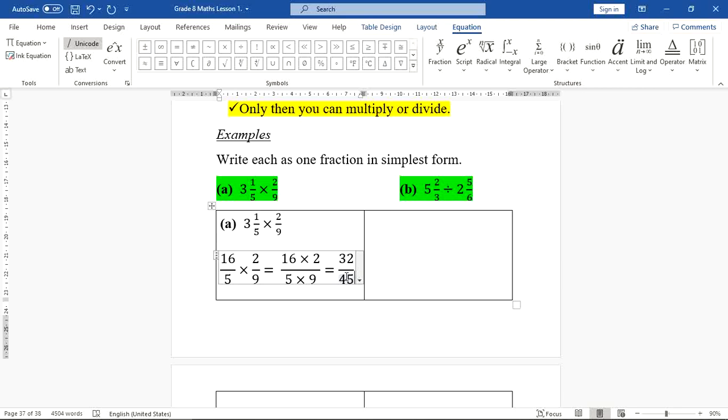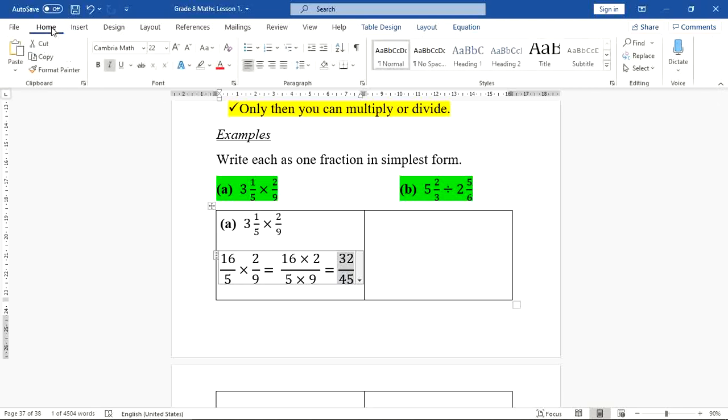It seems like 32 and 45 don't have a common factor, so the simplest form of 32 over 45 is just 32 over 45. So this is the final answer. We cannot simplify it any further because the two numbers do not have a highest common factor. All right, my friends, you need to remember just that.